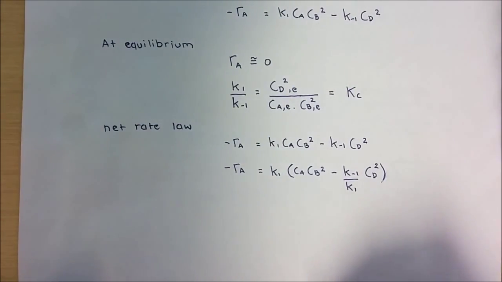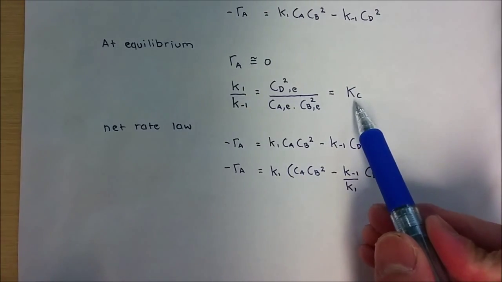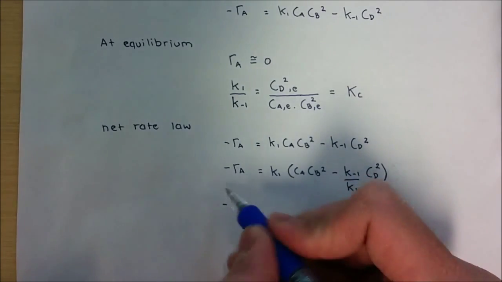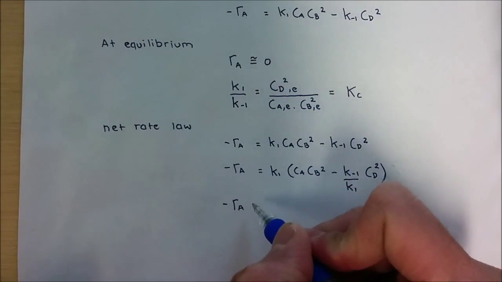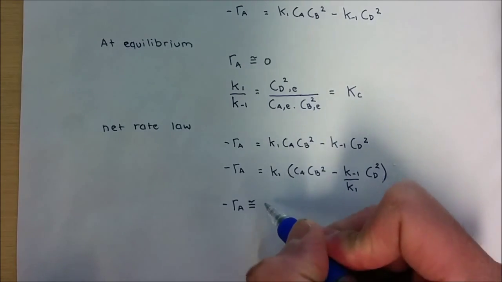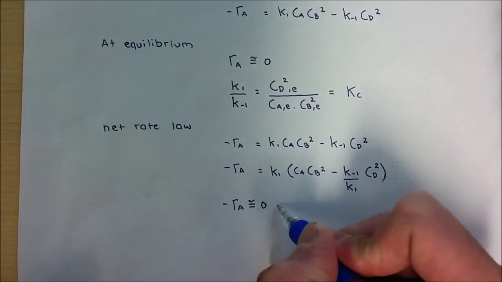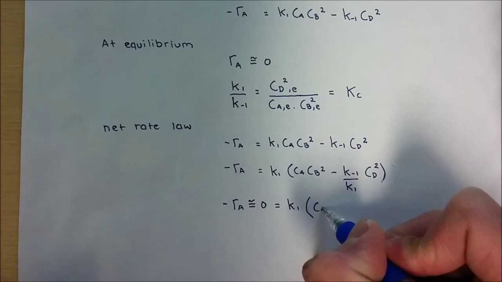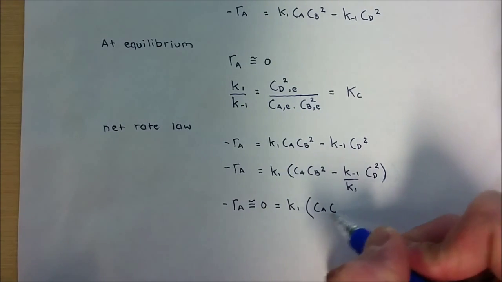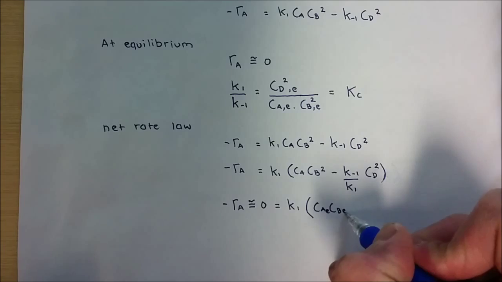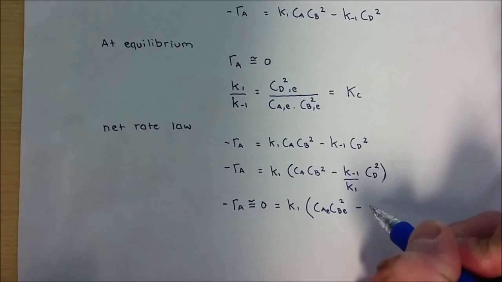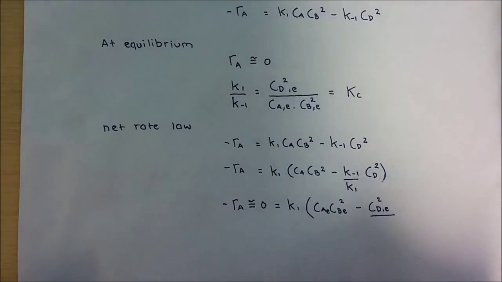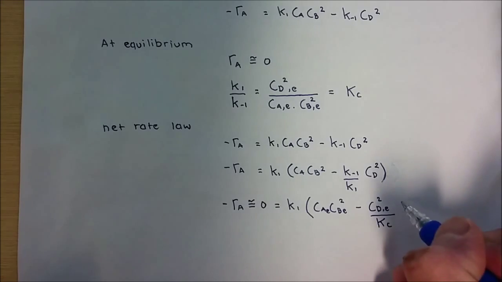And then if we apply the terms of equilibrium constant, we will have the rate of A at equilibrium, which is equal to 0. It's going to be equal to K1 times CA CB to the power of 2 at equilibrium minus CD at equilibrium to the power of 2 over the equilibrium constant.